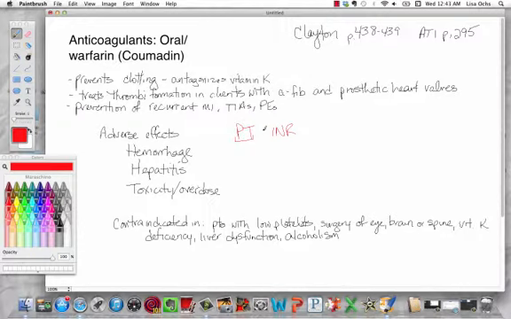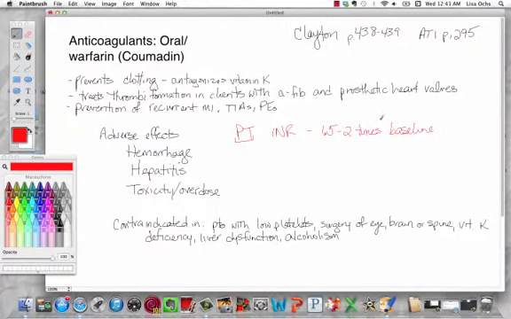Basically, you're still looking for 1.5 to 2 times the patient's baseline. So that means if the lab values are 1.5 to 2 times the patient's baseline, that means that their Coumadin is therapeutic.